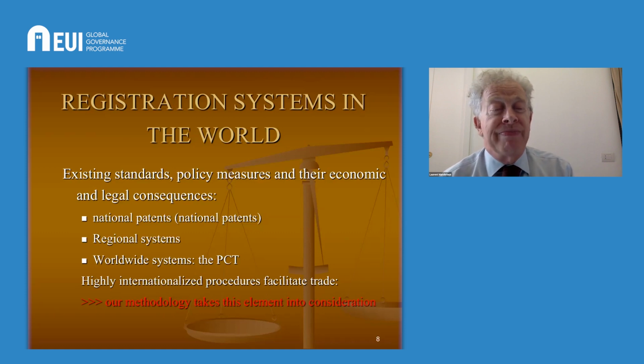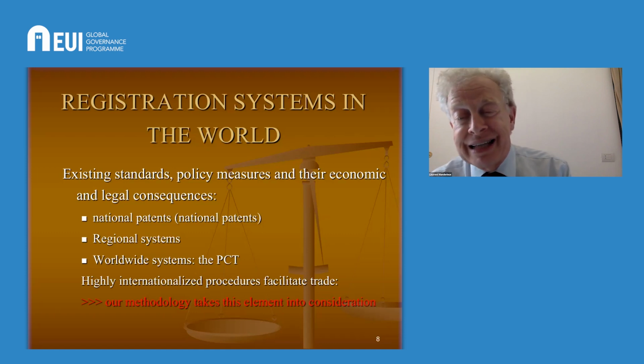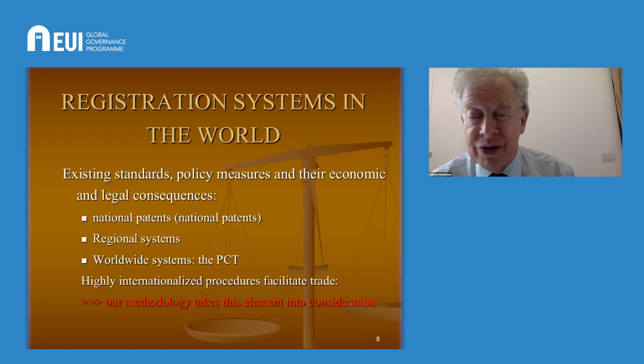Okay. Then there are two international systems. There are regional systems and worldwide systems. The worldwide system is called the PCT, the Patent Cooperation Treaty. Martina and I have included it in our methodology.